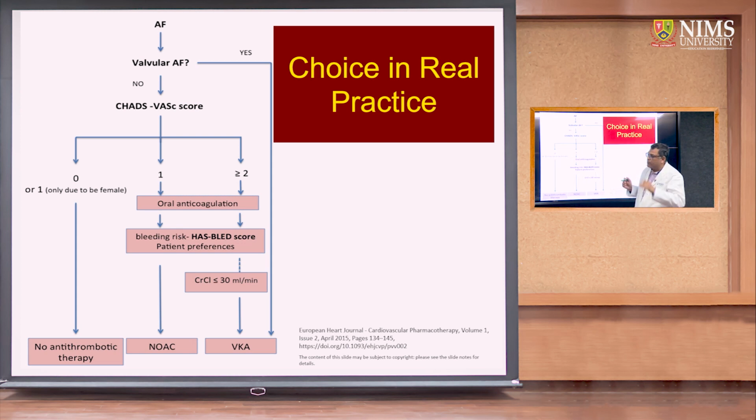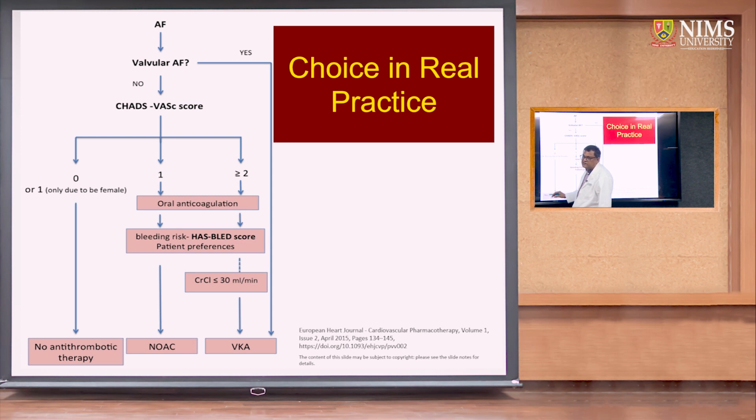So, read about it. The CHA2DS2-VASc score is generally divided into 3 categories: it could be 0, it could be 1, or it could be 2 and more. A score of 0 means very low risk of a stroke, so obviously you do not require anything.